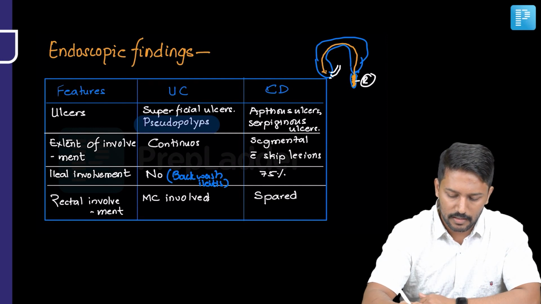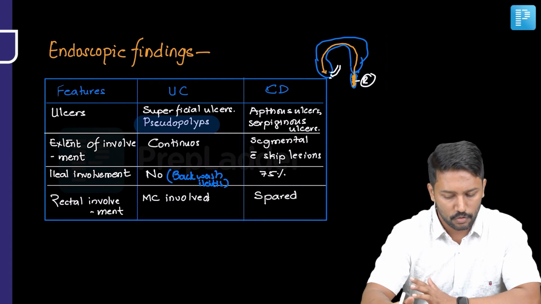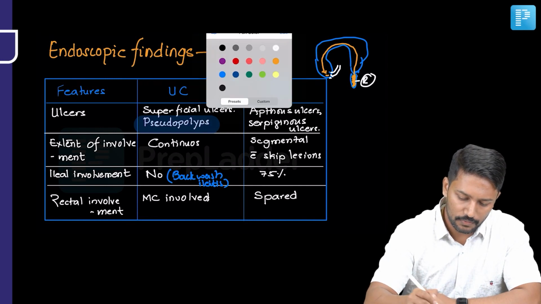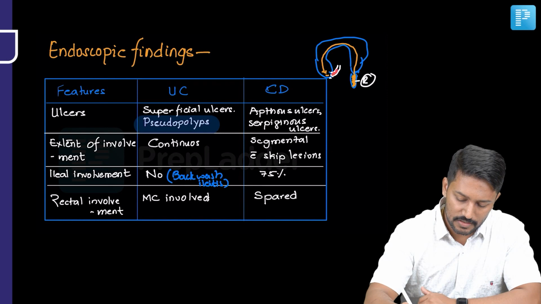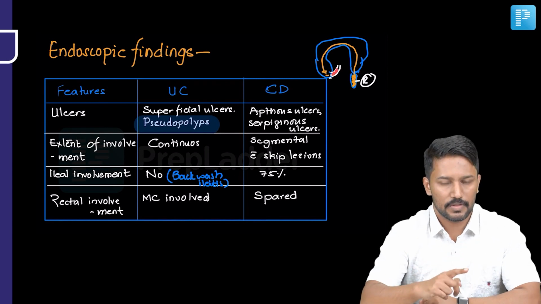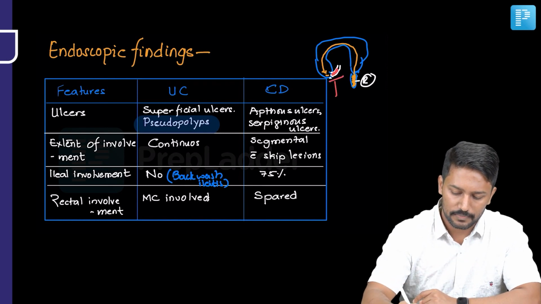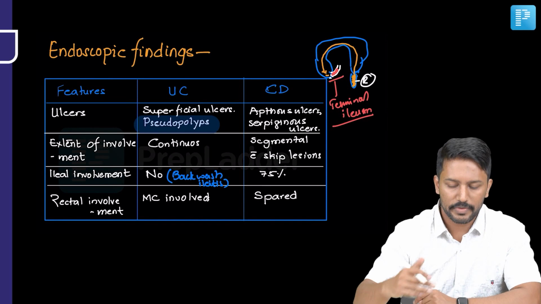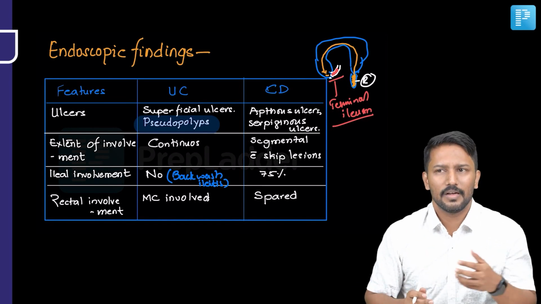But largely it is going to be restricted to the colon. In some cases you might see some degree of inflammatory changes, which have no clinical consequence, at the terminal ileum. This is what we call backwash ileitis.